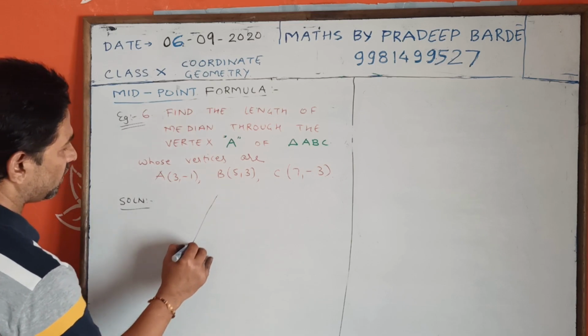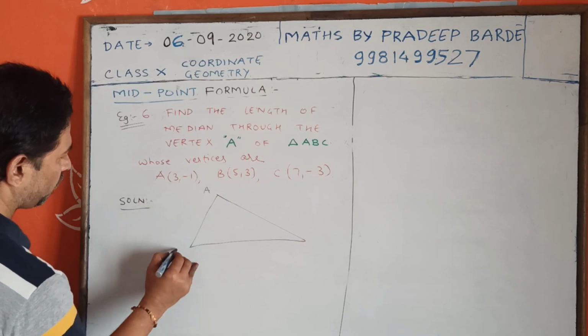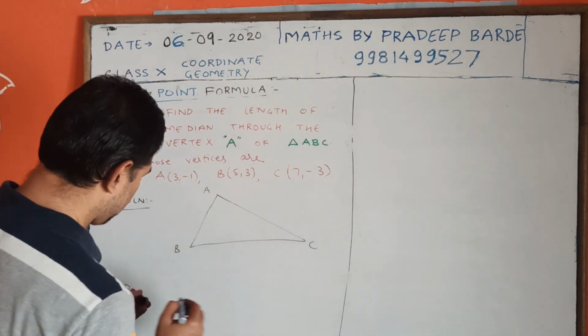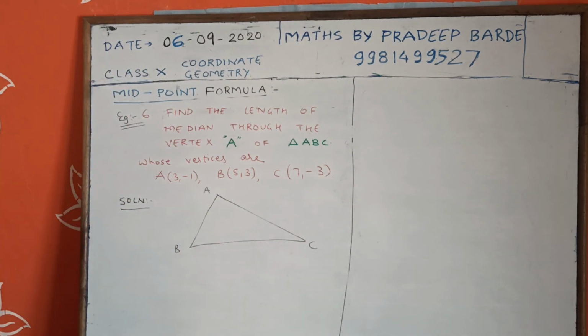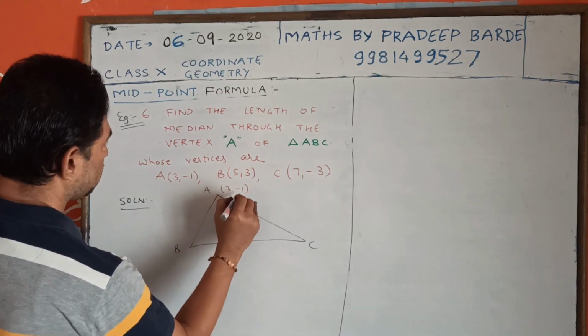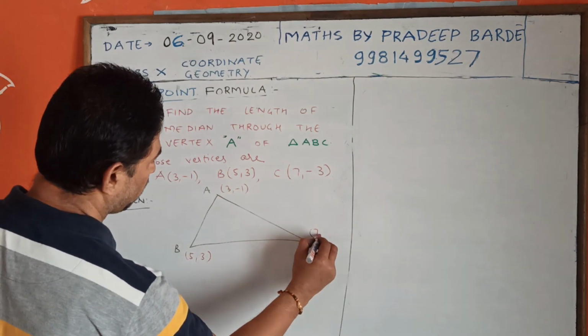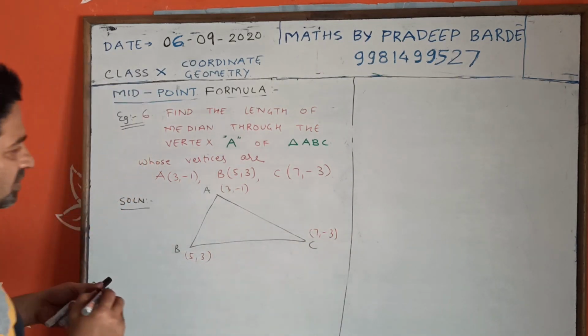Now let's draw the figure, a rough figure. ABC, with coordinates (3, -1), (5, 3), (7, -3).